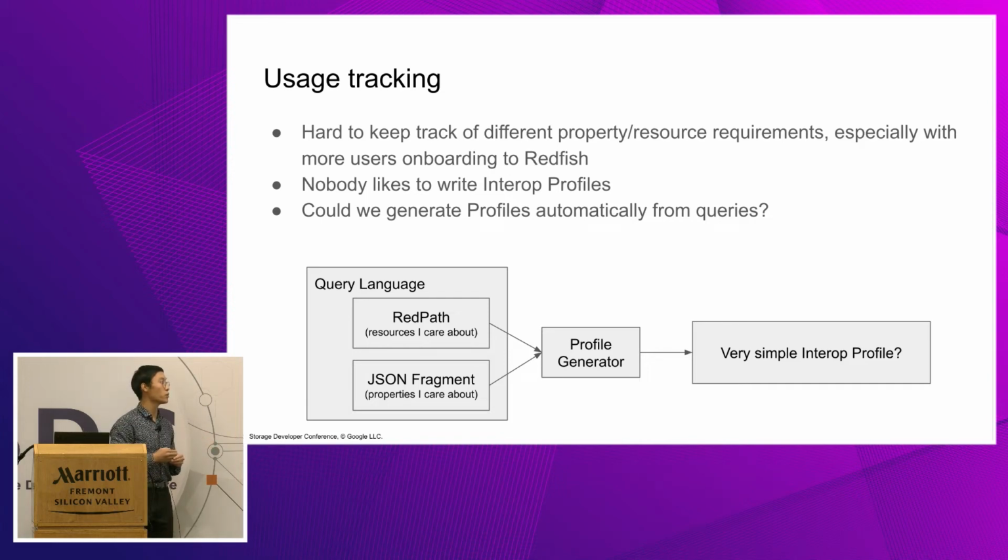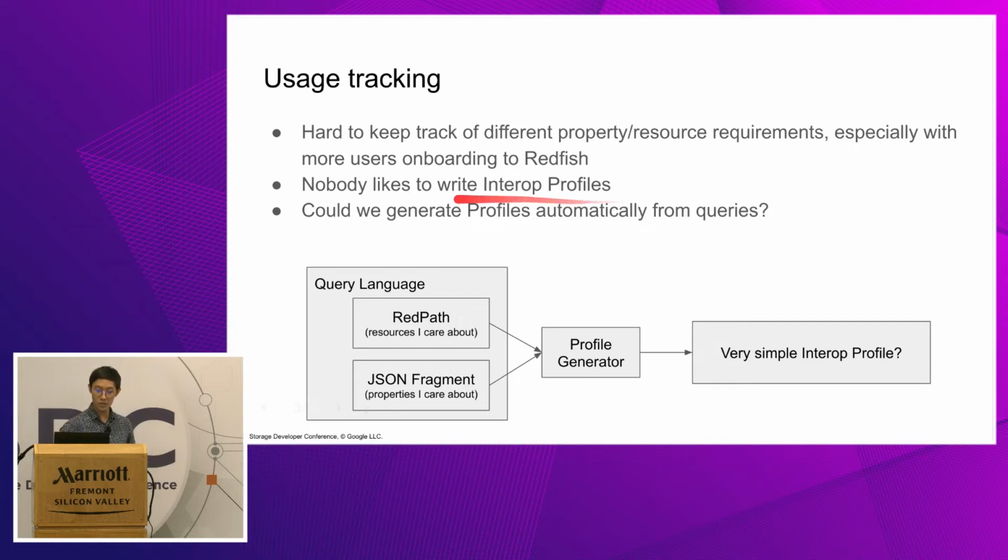So we're proposing a mechanism to automatically generate the profiles from the queries. Because if people are interested in the functionality of their software, and they will just maintain the queries to make sure that the systems keep working, can we automate the toil away from maintaining interop profiles so that they also stay up to date?